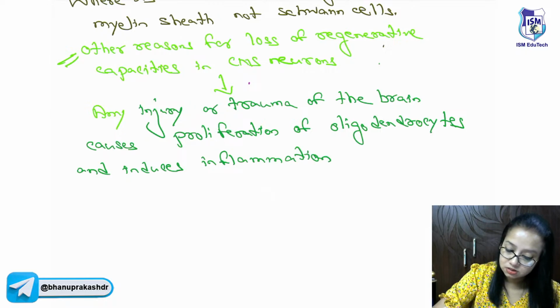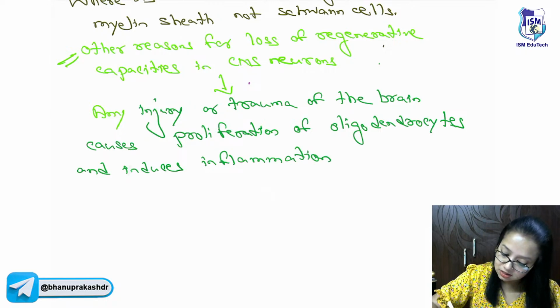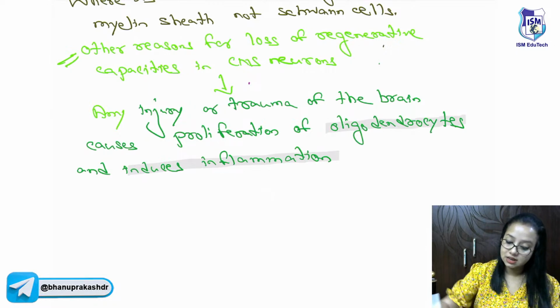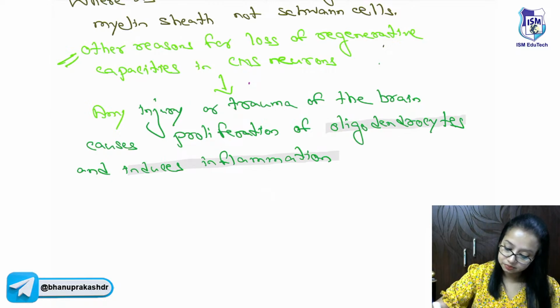So it induces inflammation and it also proliferates the oligodendrocytes. So all this together creates an environment.